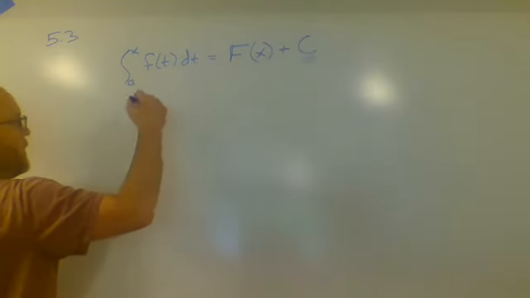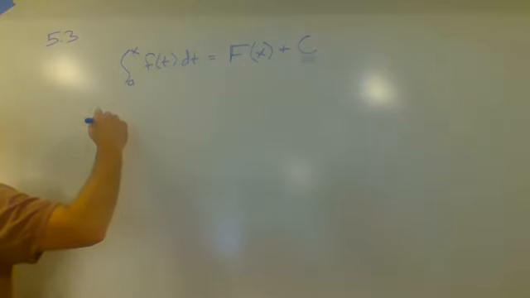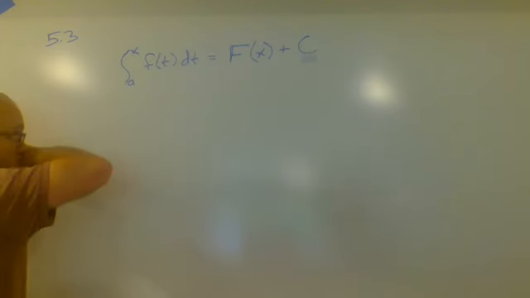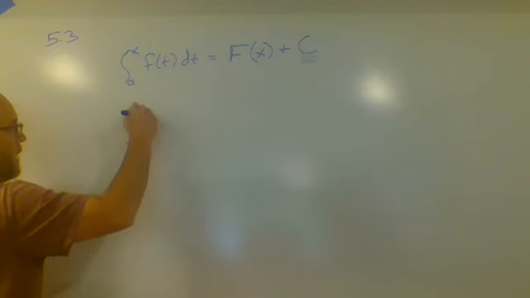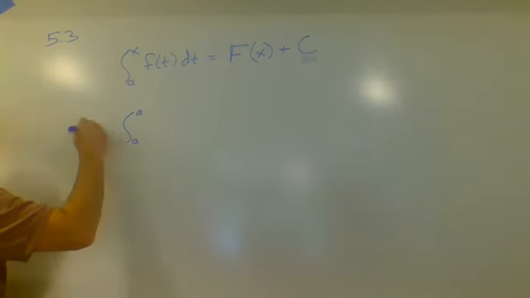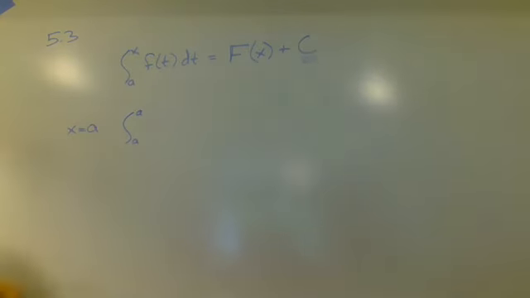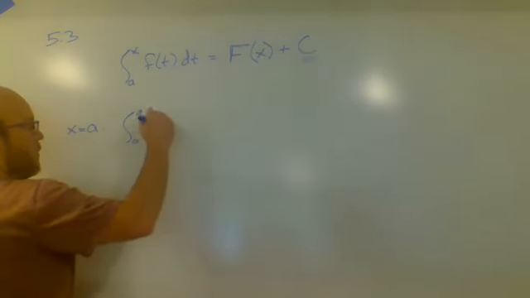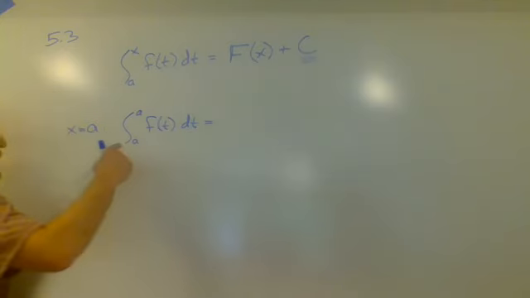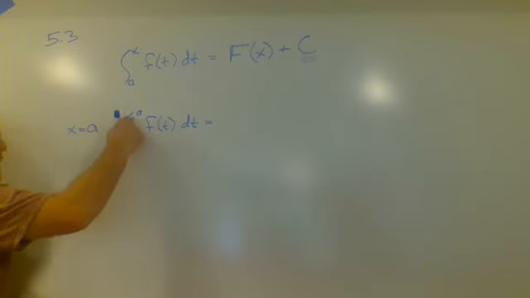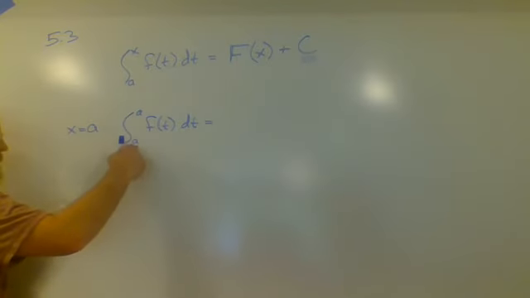Okay, so here, what happens if you evaluate where x is equal to A? And so we have the A down below. If I put x equals A up here and go through and find this area, the area between the same number, there's no area between those, right?